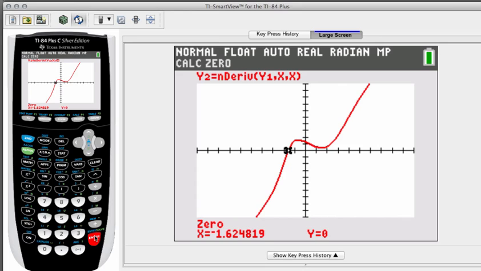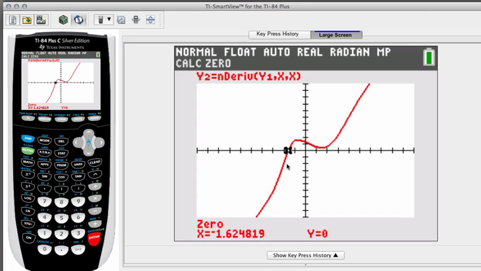Take a look at what's happening to the derivative graph as you look at it from the left to the right. The derivative first is negative. Remember what that tells us. That tells us the original function would have been decreasing. It hits that x-intercept of negative 1.625, and then the derivative becomes positive, which means the original is increasing.